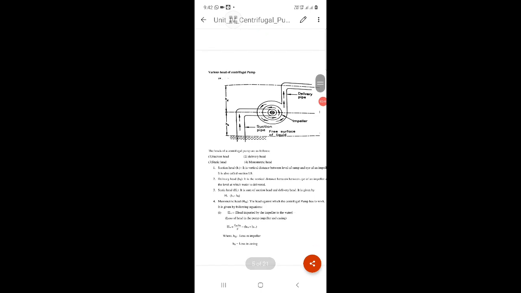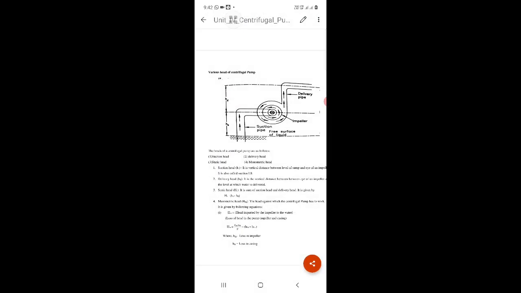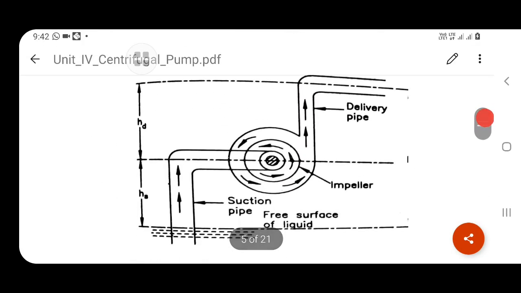So today we will see the various heads of centrifugal pump. So this is the centrifugal pump, casing, impeller, which we studied in the last lectures.